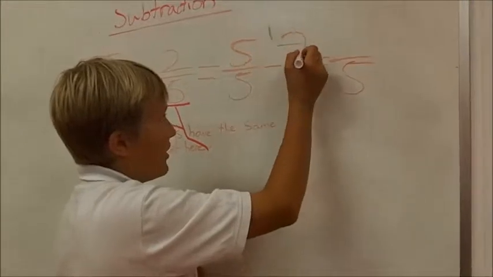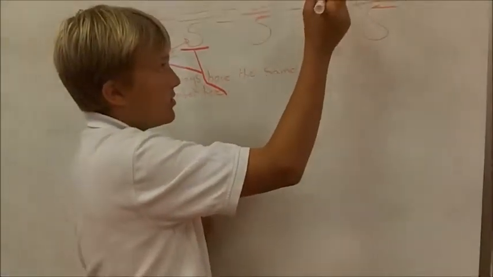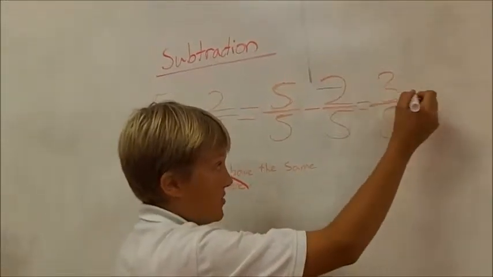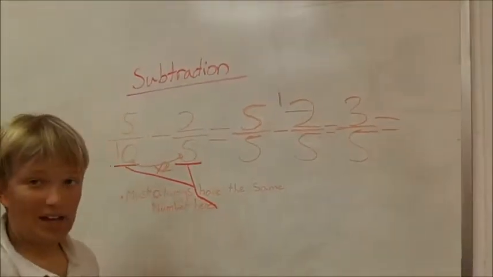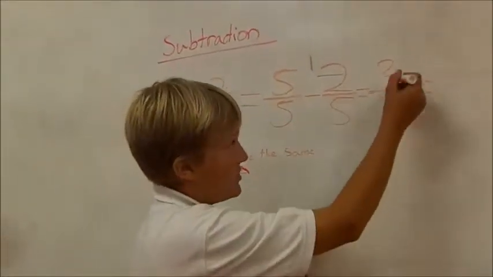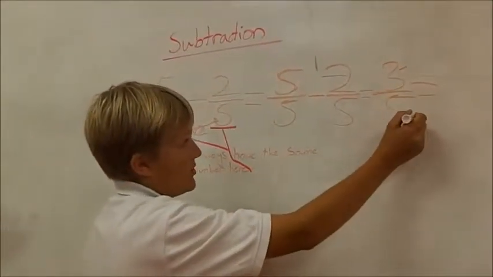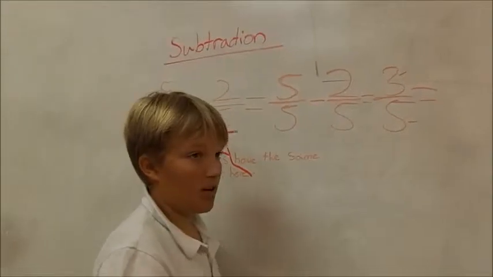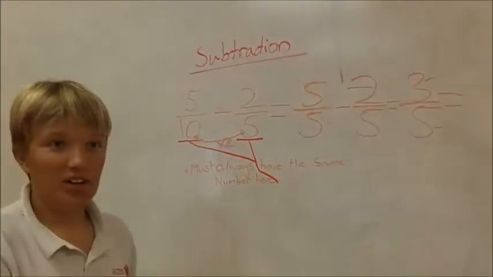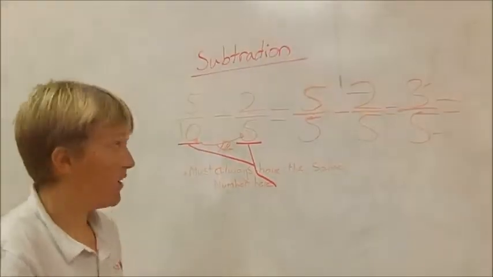So 5 minus 2 equals 3. So 3 over 5, and 3 over 5 cannot go down into anything because this is an odd number and this is an odd number. So they cannot simplify. Thank you for watching the second episode of subtraction.